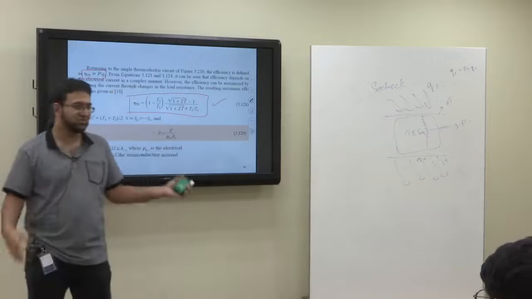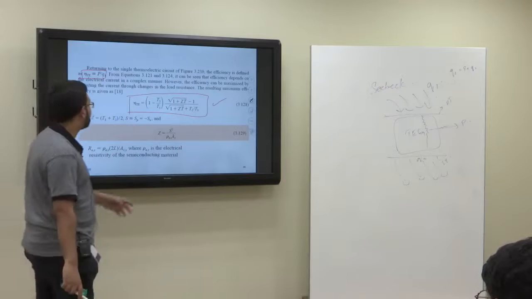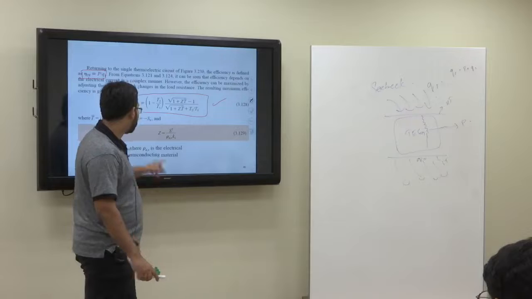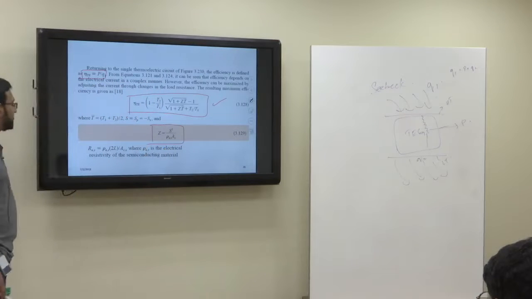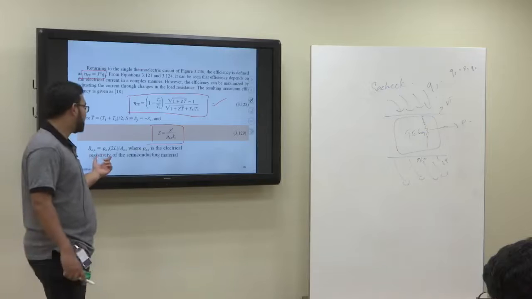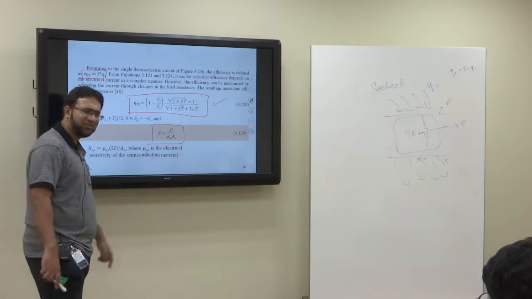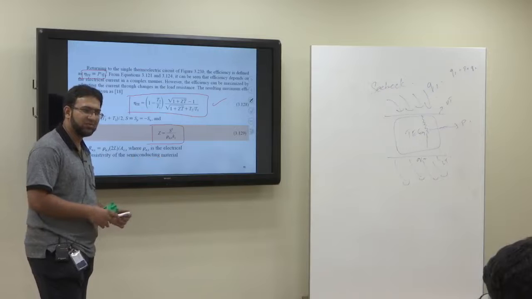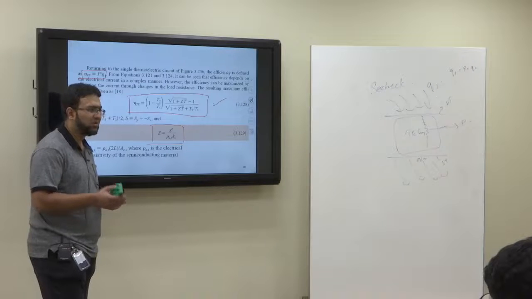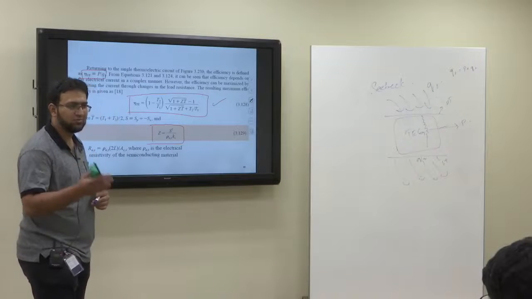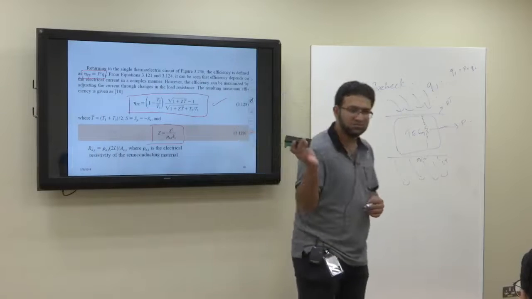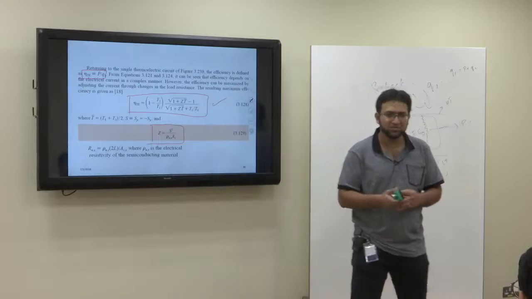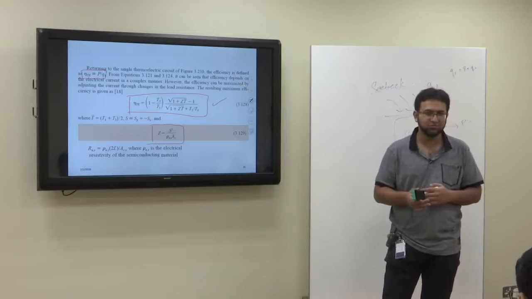It is using temperatures T1 and T2, but there is another term here, Z, where Z is this thing. S square upon the electrical resistivity of the semiconducting material. You studied electrical resistivity of the semiconducting material. I think you should have studied this in the course of electronics or introduction to measurement and data acquisition. I think you've gone through this term.